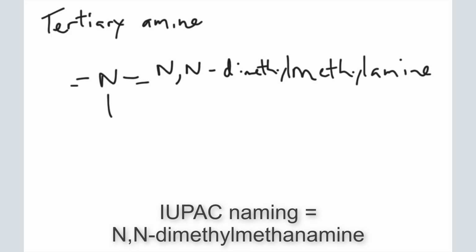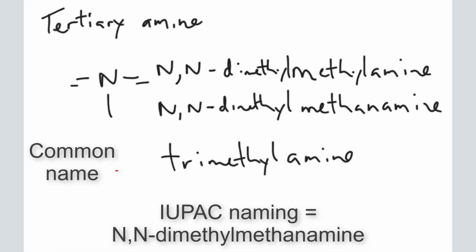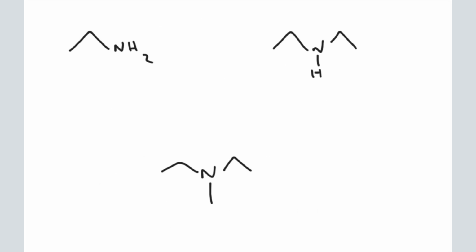And of course, if we want to call it a methanamine, this is an N,N-dimethyl methanamine. However, the easy way of naming this is just saying it's a trimethylamine, indicating that there are three methyl groups attached to the nitrogen. This is more of a common name, but you'll find this used more often in industry.